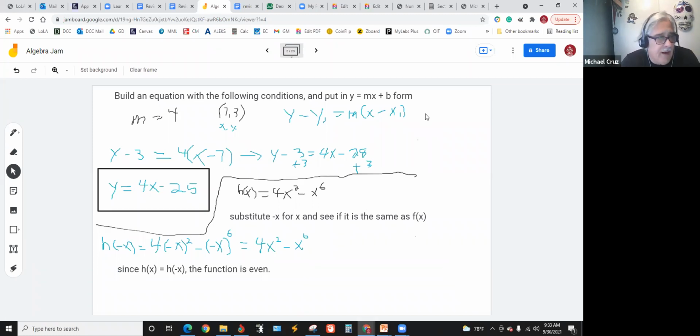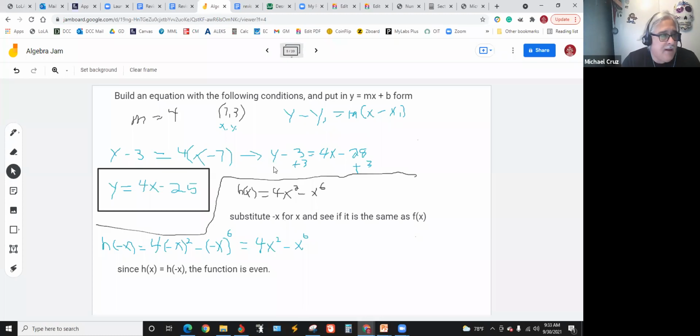This one didn't ask about odd, but I'll just throw it in. If it had been odd, then the function that comes out when you do this would be equal to throwing a negative sign in front of the whole thing and simplifying it, distributing the negative to both terms. So it's not odd, it's even.